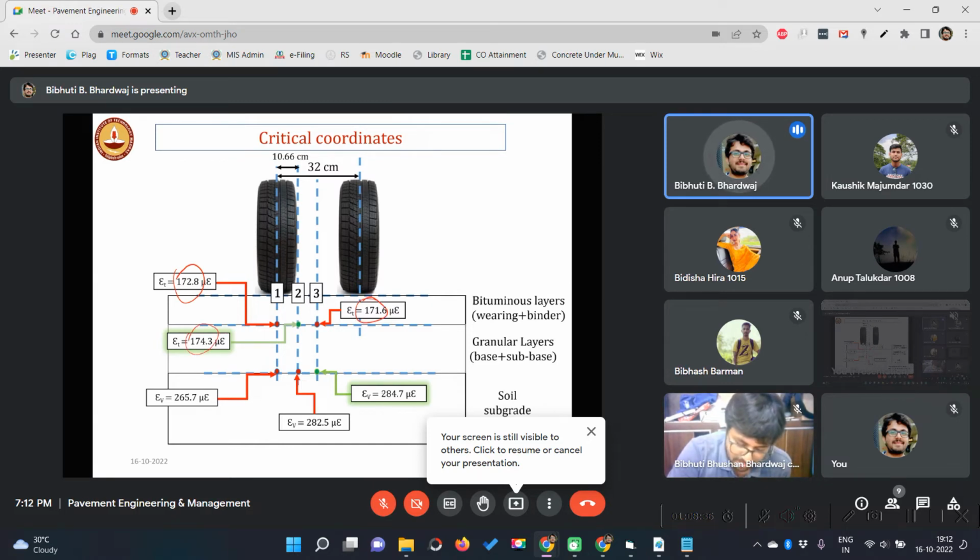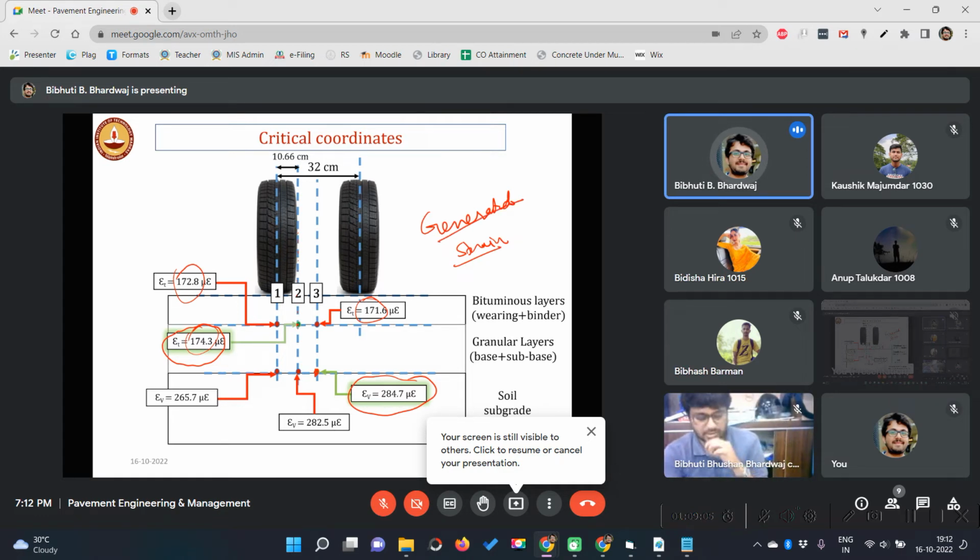So the maximum one is coming here, at the center, for vertical compressive strain. For tangential strain, it is coming at the edge of the tire. That doesn't matter anyway. So the maximum is this one, this and this. These values are our generated strain.